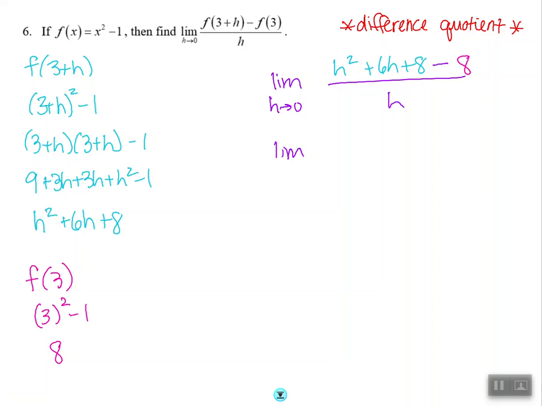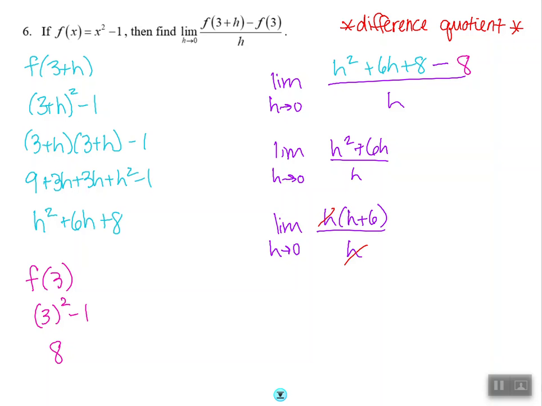If I combine my like terms in the numerator, I end up with h squared plus 6h over h. I'm going to factor the GCF in the numerator. So I have h times h plus 6 over h. The h's cancel, and I'm left with the limit as h approaches 0 of h plus 6. If I plug in 0 for h, I get that our limit is 6.